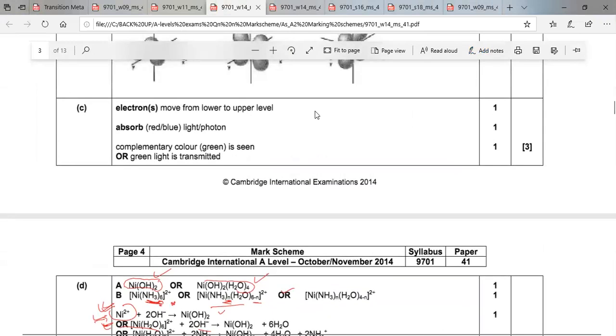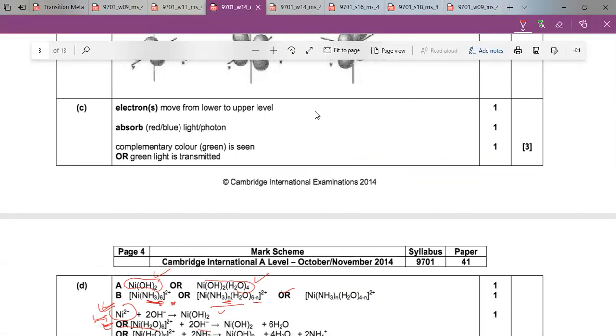Remember, of course, green, you absorb a color, no? So electrons are transferred, moving from lower to higher level. Now, that means what is absorbed and what is not absorbed. They want the electron to move from the lower to the upper level, absorbing the complementary color of green.